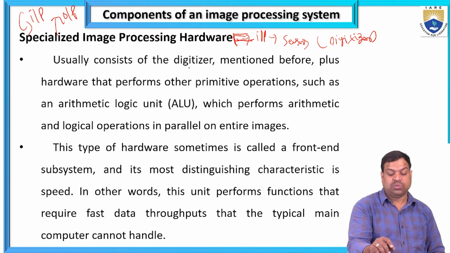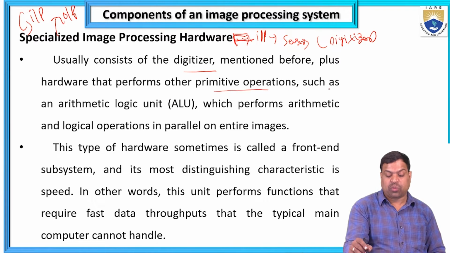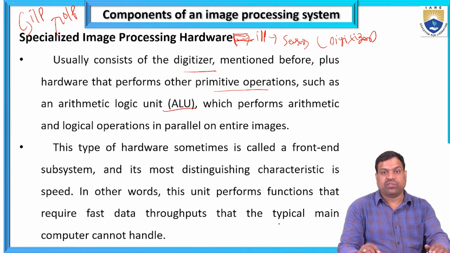Specialized image processing hardware consists of the digitizer mentioned before plus hardware that performs other primitive operations, such as an arithmetic logic unit. In the hardware, what we have built in is the arithmetic logic unit, which performs arithmetic and logic operations in parallel on entire images.